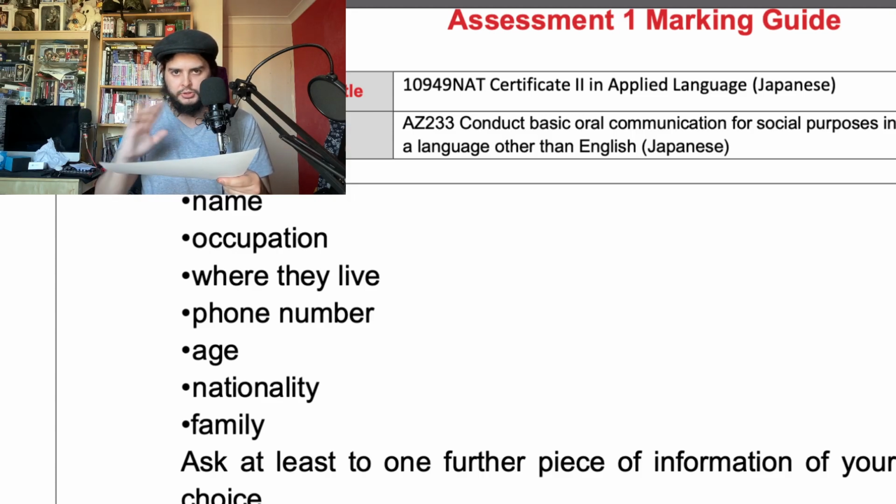Forget about that. I was wrong. Straight out. So the correct way to ask is you can either say "nansai desu ka?" Or you can say "oikutsu desu ka?" Two ways of asking what is your age.